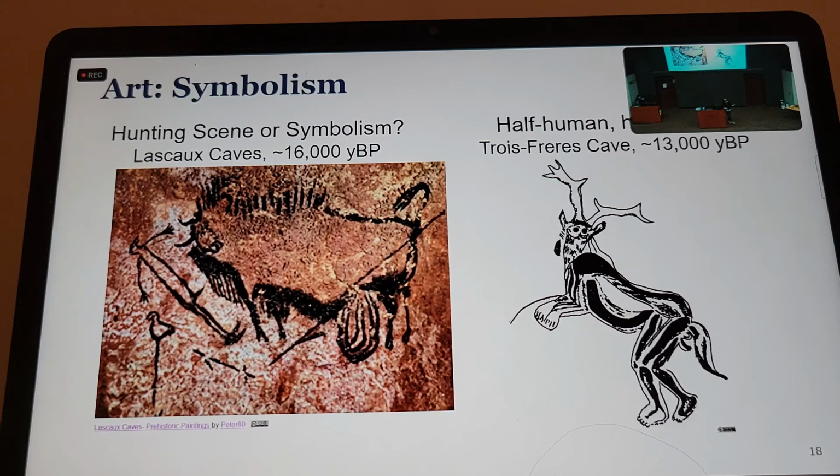Is this a hunting scene where the poor guy gets taken out by, it's essentially a buffalo? Or is this a story being told? Is it a symbolic event? And then we also have stuff like the half human, half animal figures, which means creating, right? Making things up.